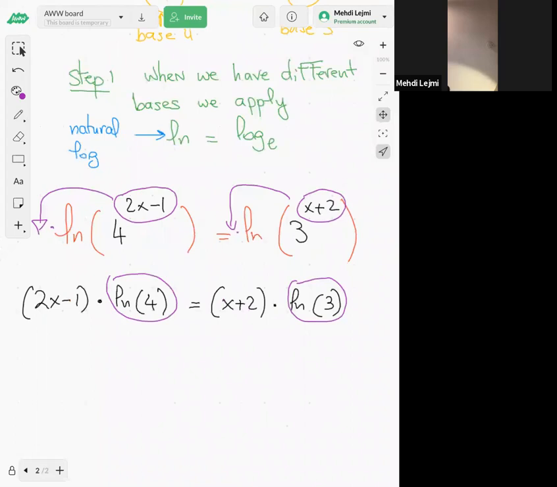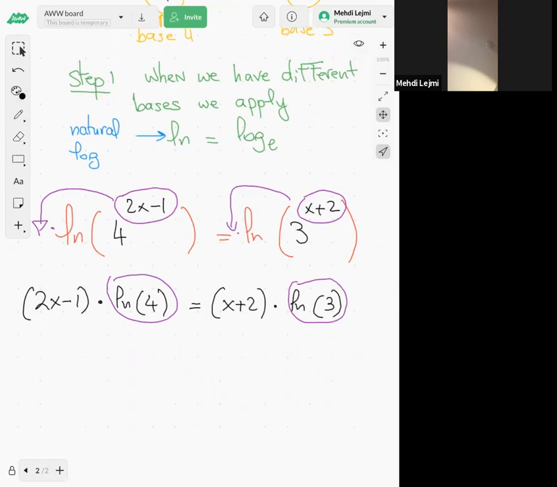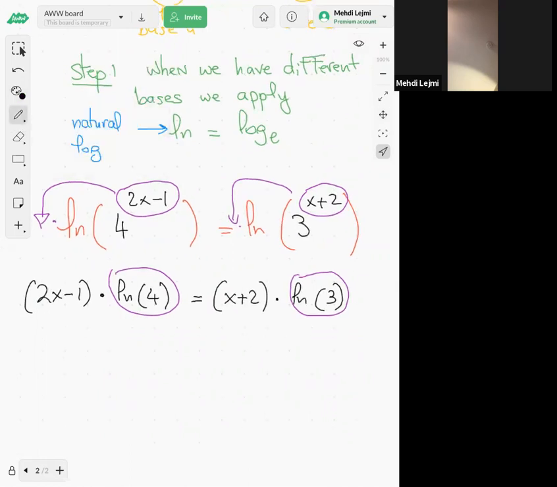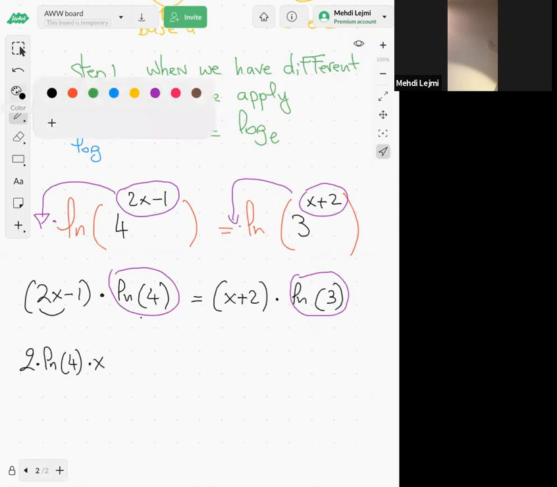I'm going to deal with them as just numbers. So on the left side, you're going to have 2x times natural log of 4, so 2 times natural log of 4 times x. That's what you get when you multiply by natural log of 4. And then there's minus, sorry.